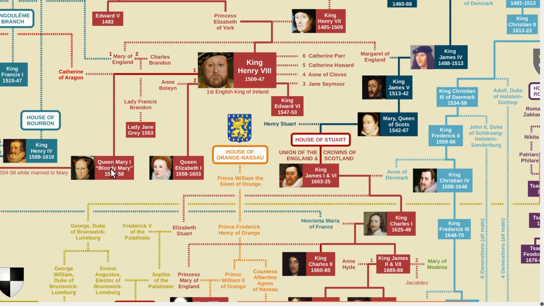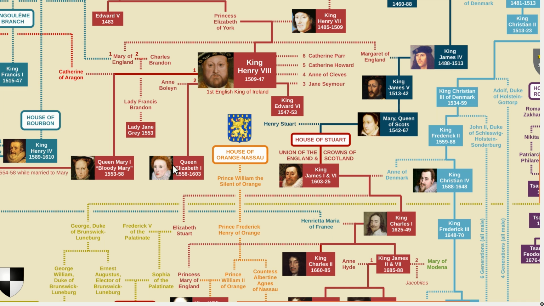Bloody Mary was the half-sister of Queen Elizabeth I of England and ruled before her, whereas Mary, Queen of Scots, was alive at the same time as Queen Mary I of England and the first part of Elizabeth I's reign, but was reigning in Scotland. And Elizabeth famously had Mary beheaded because it was suspected that Mary was involved in a plot to overthrow Elizabeth and take the English throne.